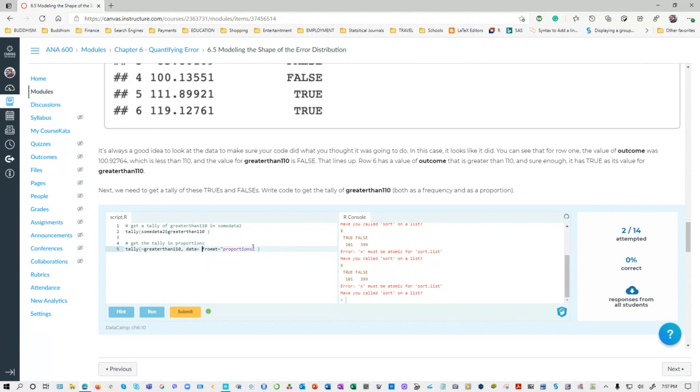Then format proportion, not the proportion, okay, greater than 110, data name is some data 2. You get the field greater than 110, no, error: x must be atomic for sort. Have you called sort on a list?